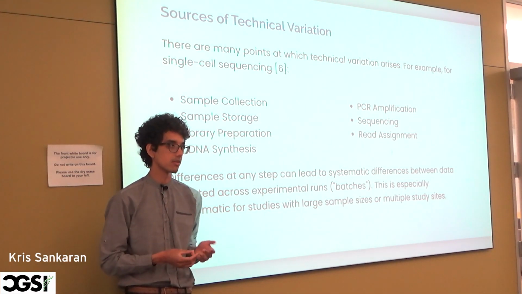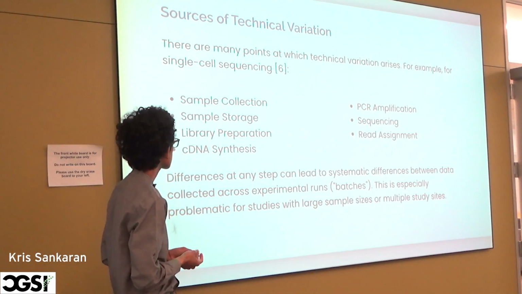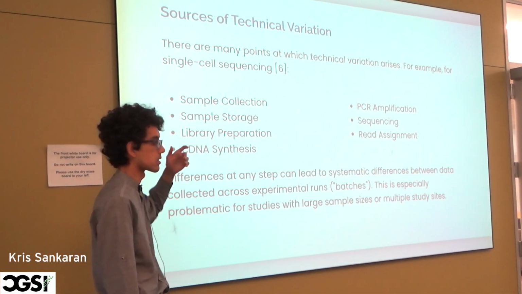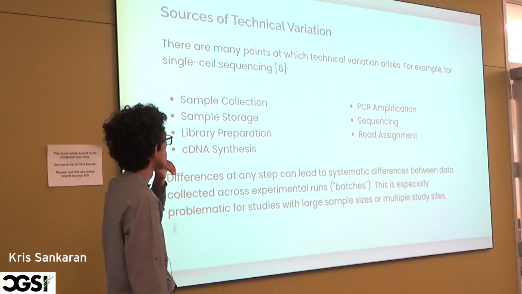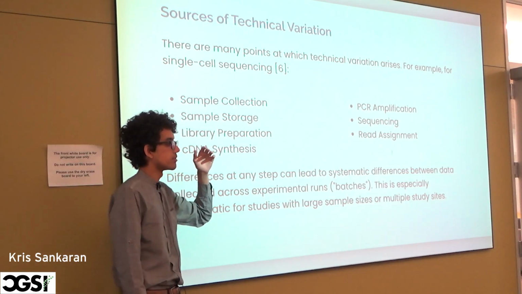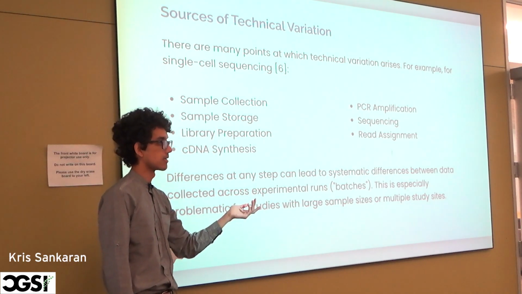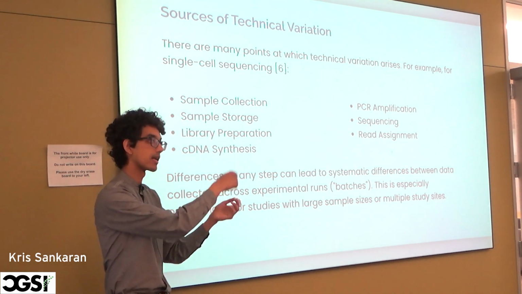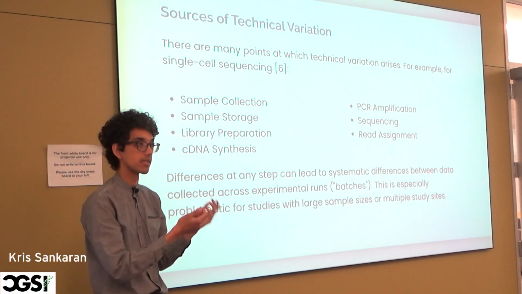And what's driving those hospital differences could be any of the steps in the data preparation or sequencing. Even things like whether you stored your samples at -80 versus -30 has an effect, because the kind of DNA that degrades is going to be different.